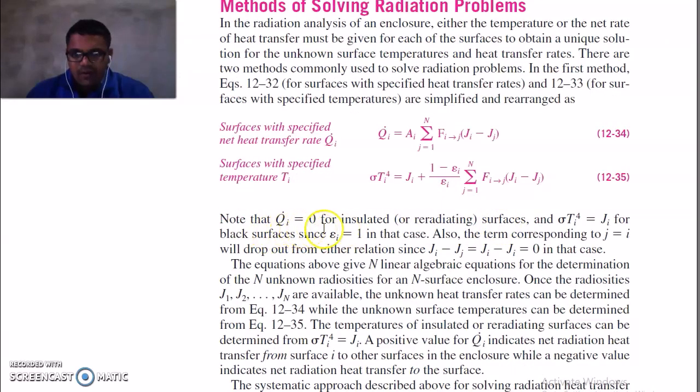Now note Qi is equal to 0 for an insulated surface, so this term is equal to 0, and sigma Ti raised to power 4 is equal to Ji for a black surface when emissivity is equal to 1. Also the term corresponding to i equal to j will drop out from either relation. Ji minus Jj is equal to Ji minus Ji, which is equal to 0 in this case.